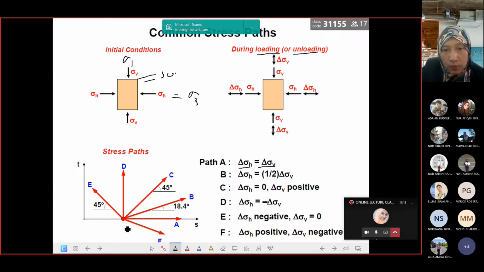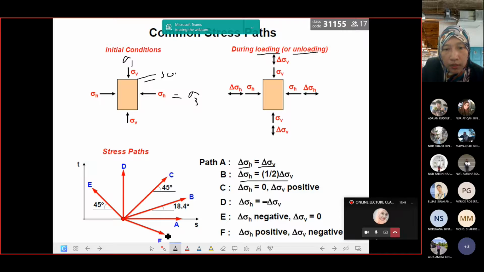So when you look at the stress path B dengan failure angle is 18.4, this is how it's related untuk dapatkan the slope of the gradient ataupun the slope of the failure line. Same goes to the path C, D, E and F. So what are differences E and F? Satu keadaan di mana you akan ada the delta sigma H negative and the sigma V is 0.